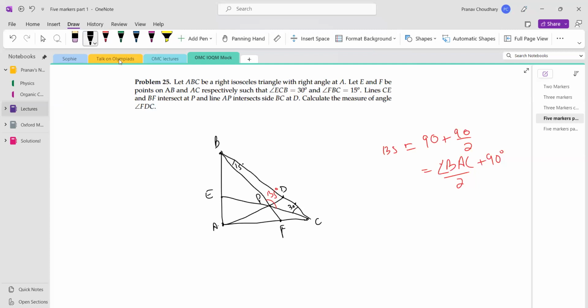Which means if we consider incenter I somewhere here, then this will be a circle. So this is basically a nice circle, right?